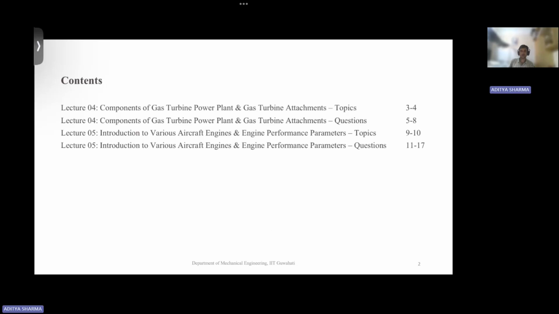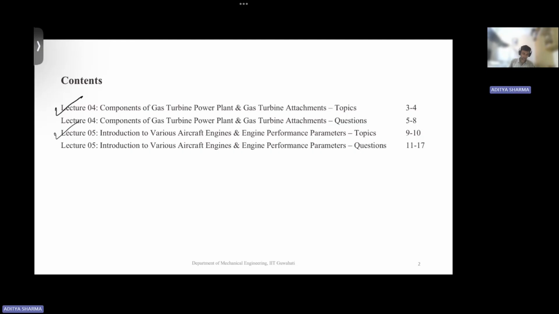So the contents of this session are as follows. There are two lectures in this week two's content. Lecture 4 is on components of gas turbine power plant and the attachments related to it.